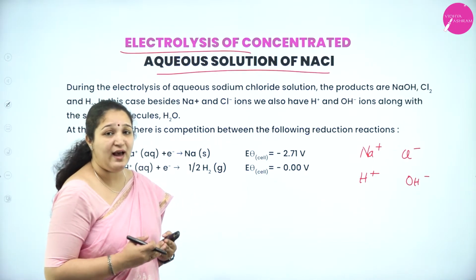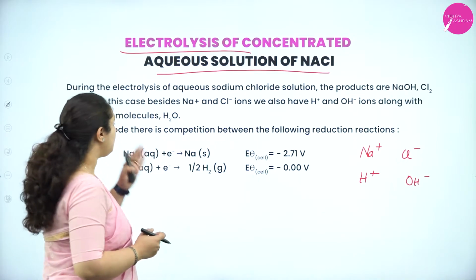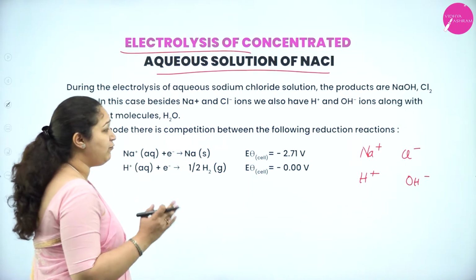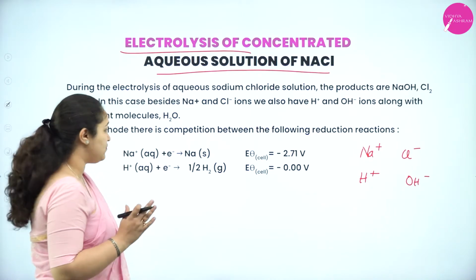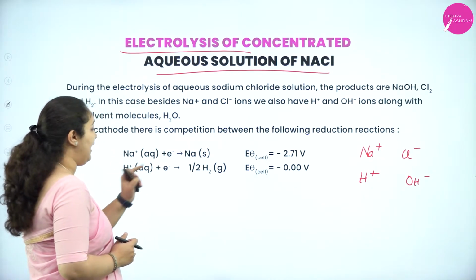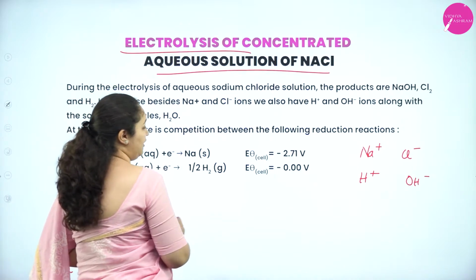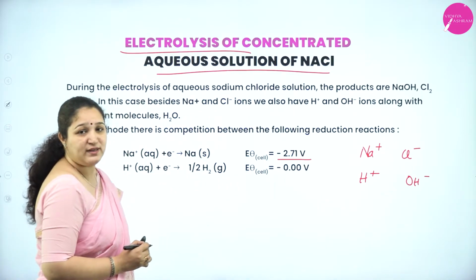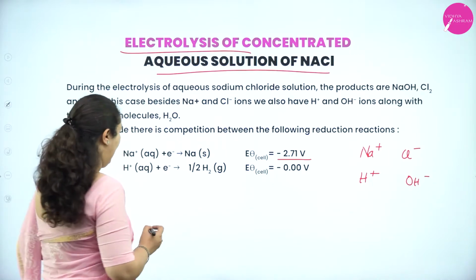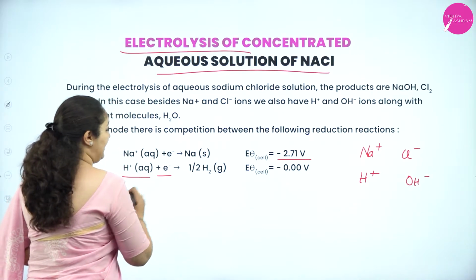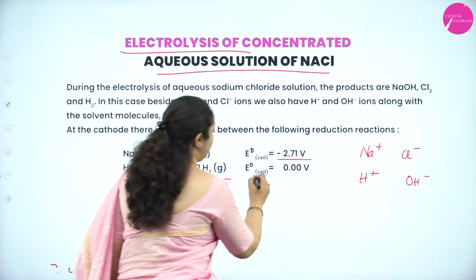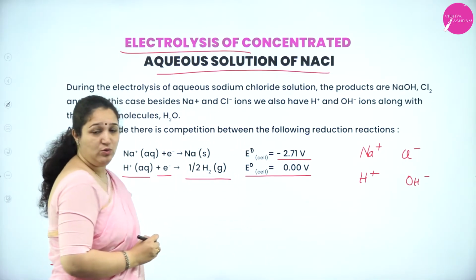So, first, at cathode, there is a competition between the following reduction reactions. Na plus will accept an electron to form sodium, and E naught of the cell is minus 2.71 volt, and H plus ion can accept an electron to get liberated as hydrogen gas, and E naught of the cell is 0.00 volt.